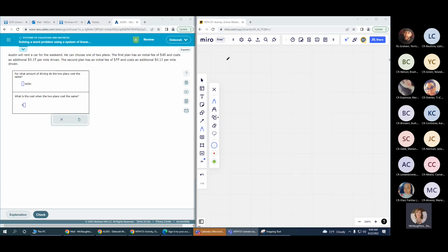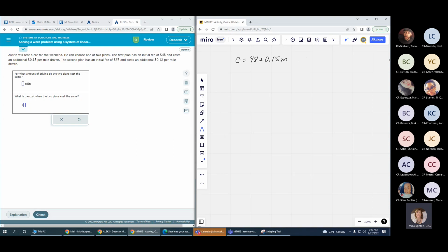The cost is C. So the cost equals, the first plan has an initial cost of $48 and an additional 15 cents per mile driven. So the first plan costs $48 plus 0.15 times the number of miles driven.